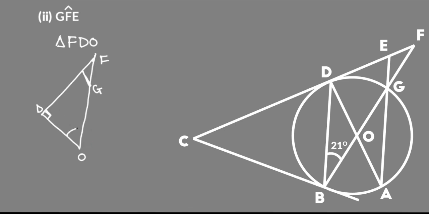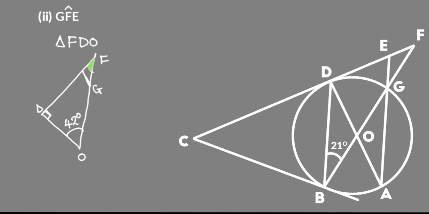So here we've got 42 degrees. Now the question asks us to find the angle GFE, which is just the angle missing here. I'll indicate it in green like that so it's very easy to identify. This is the angle we're supposed to find.